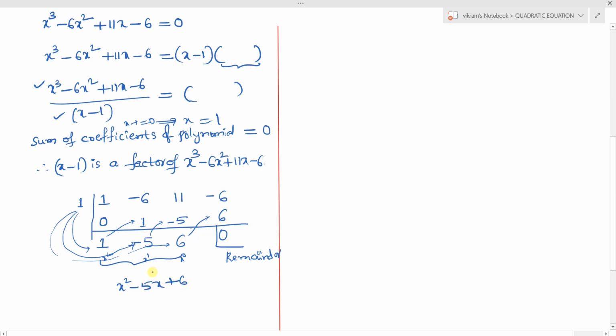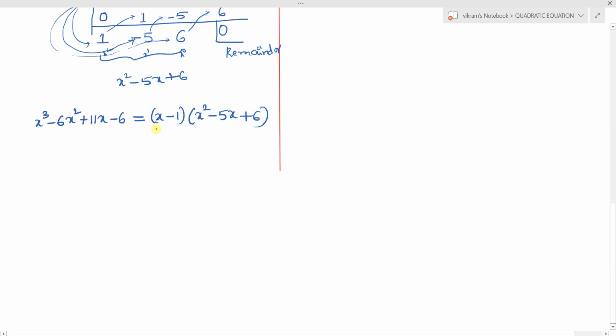So we can factorize the cubic equation x cube minus 6x square plus 11x minus 6: the sum of the coefficients is 0, so x minus 1 is a factor and the other factor obtained by synthetic division is x square minus 5x plus 6.